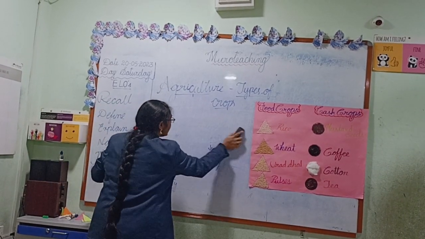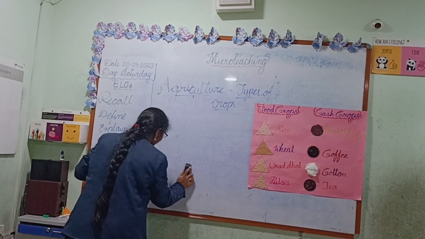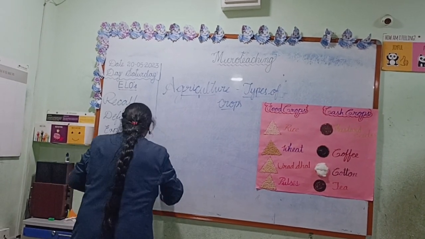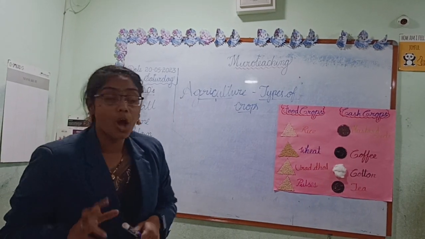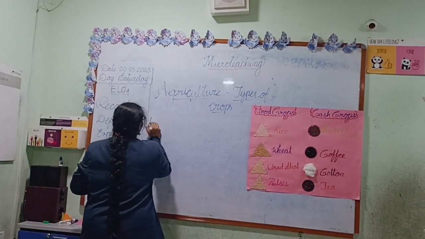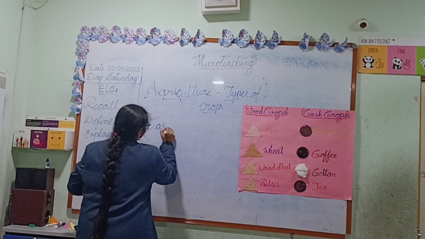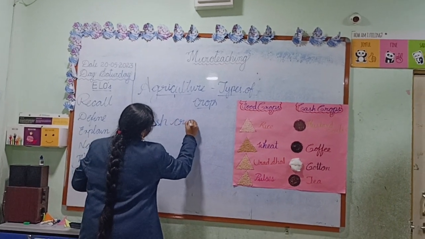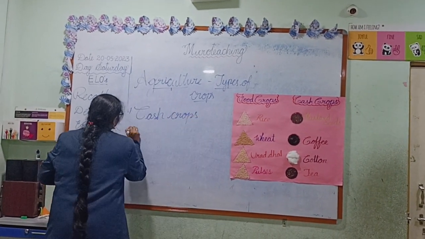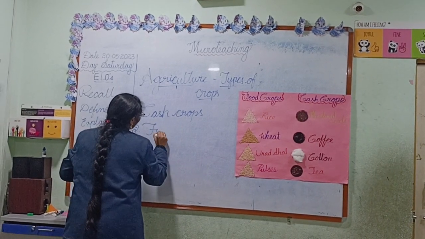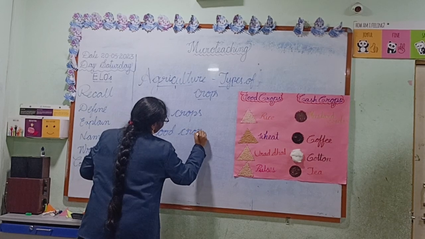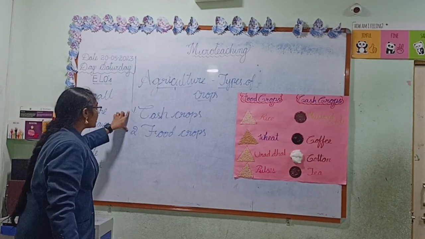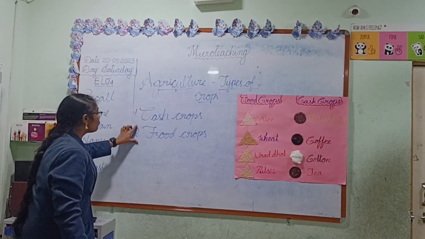Mainly we have divided them into two categories. The first one is cash crops and the second one is food crops.